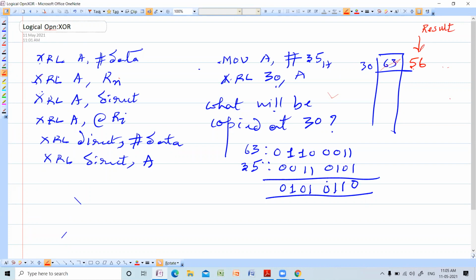MOV A, #35; XRL 30, A. What will be copied at 30? Just the XOR of 63 and 35 is once again copied to location 30 only, because here the destination is memory location 30. That is why it will be copied into memory location 30.